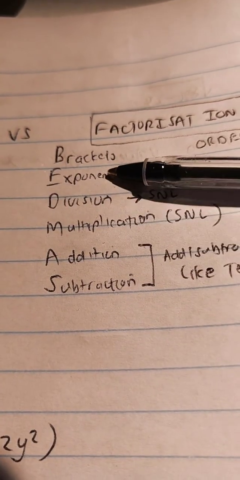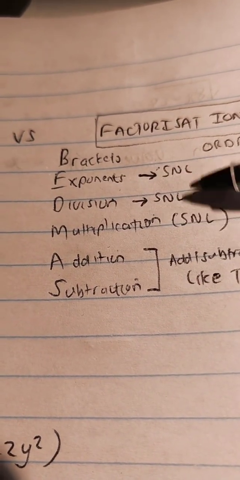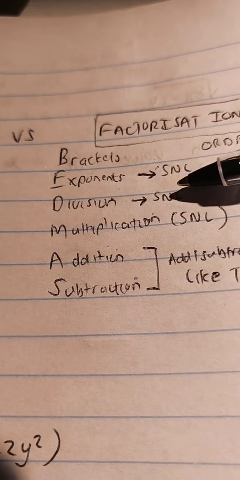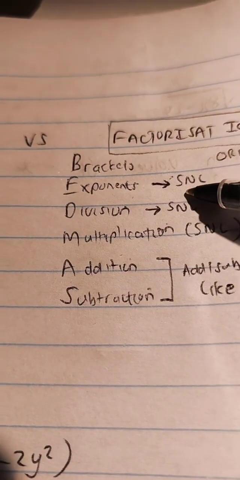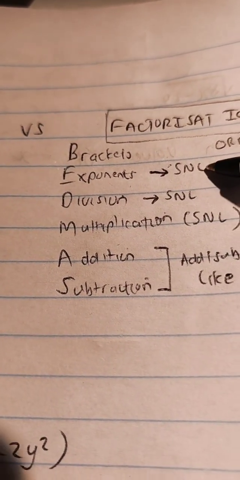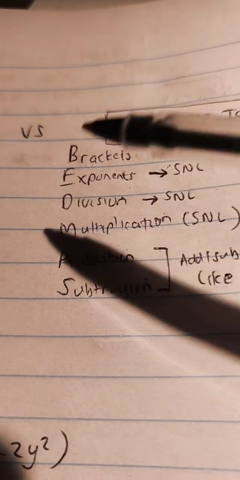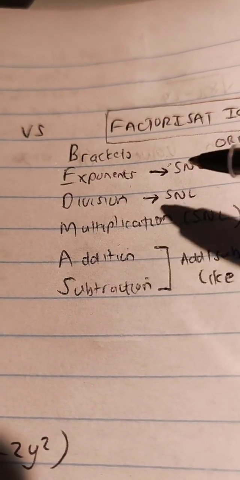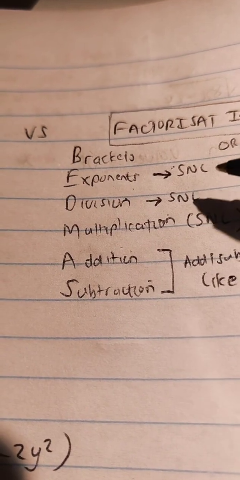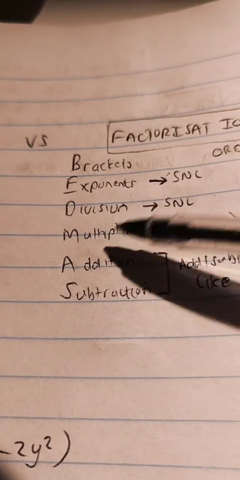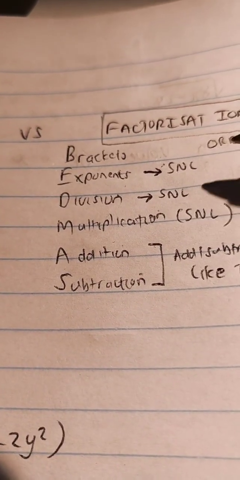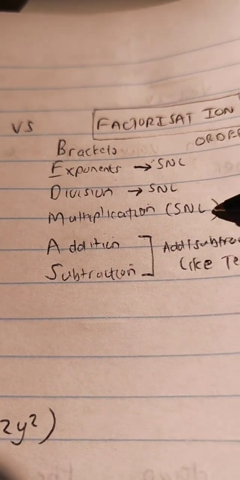So when you are applying an exponent, you first take care of the sign, then you take care of the number, then you take care of the letter. When you are dividing, you take care of the sign, then the number, then the letter. When you are multiplying, you take care of the sign, the number, then the letter.